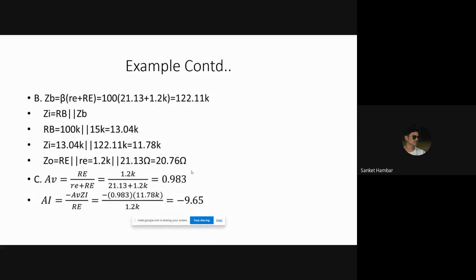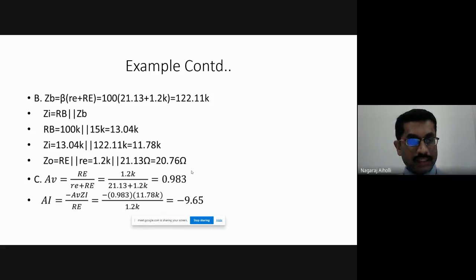Yes, sir. Fine. Good. Next, current gain. Apply the direct formula: AI is equal to minus AV into Zi divided by capital RE. AV, voltage gain, we have just calculated, 0.983. This into Zi, we have calculated here as 11.78 kilo ohms. This divided by capital RE, the emitter resistance value in the circuit, 1.2K. Substitute, the answer will be minus 9.65.